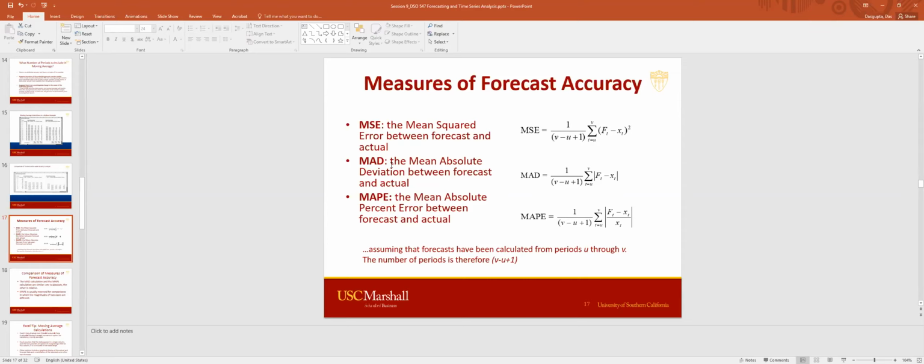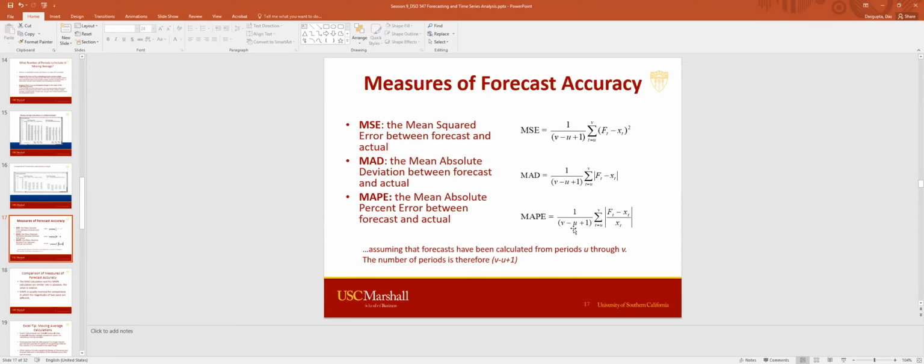Same for MAD, except that instead of squaring the errors, you're taking the absolute value of the errors for the same period, 7 through 10 in this case, right? So the observations are 10 minus 7, which is 3 plus 1, 4 observations.